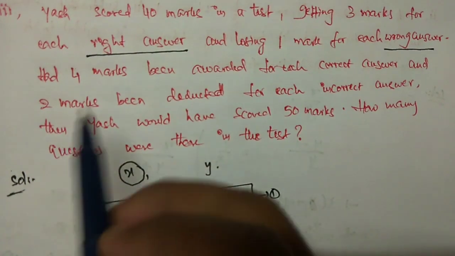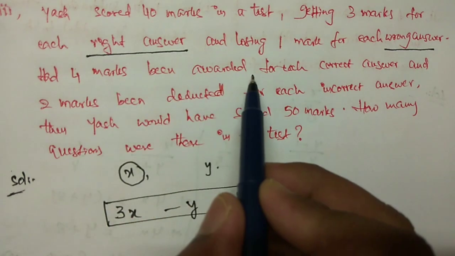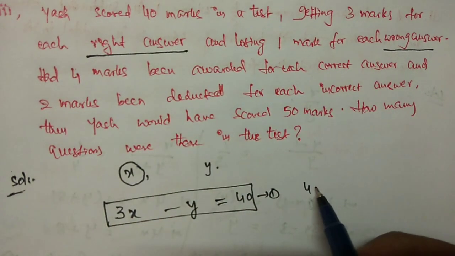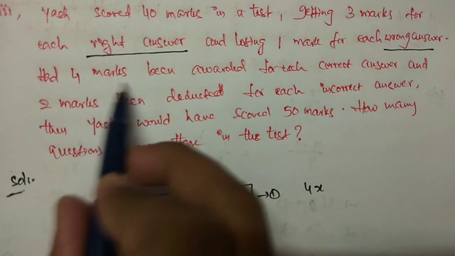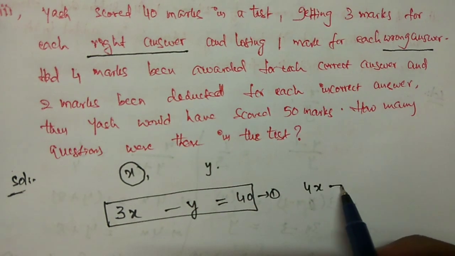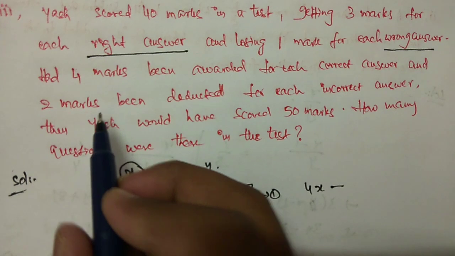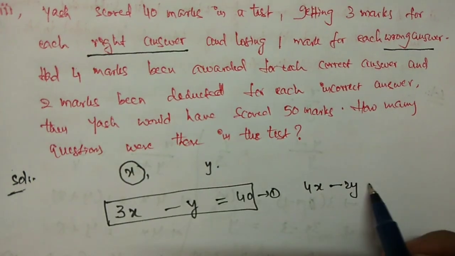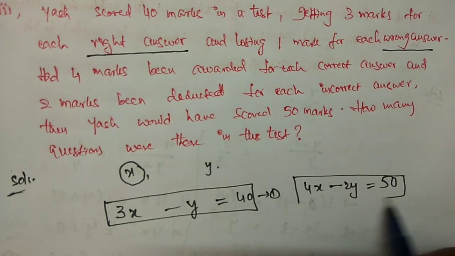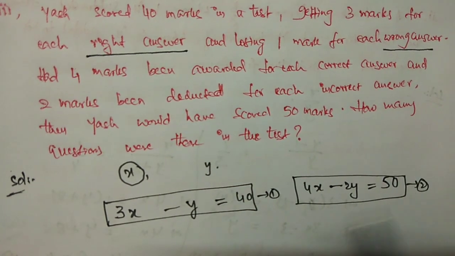Similarly, had 4 marks been awarded for each correct answer. So correct answer questions are x, so 4 marks for each correct answer, 4x. Losing 2 marks for each wrong answer, so this is minus 2y equal to 50. So this is the second equation.